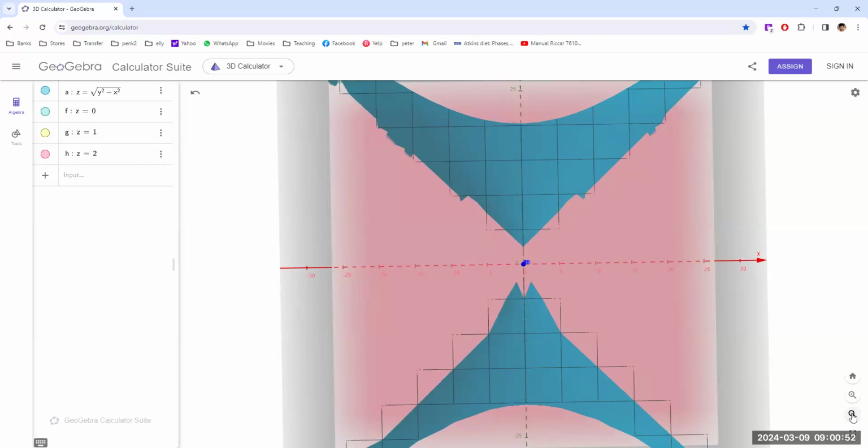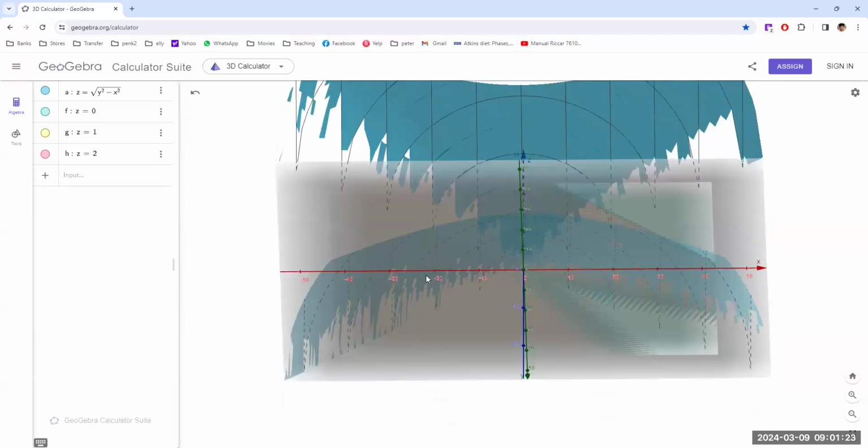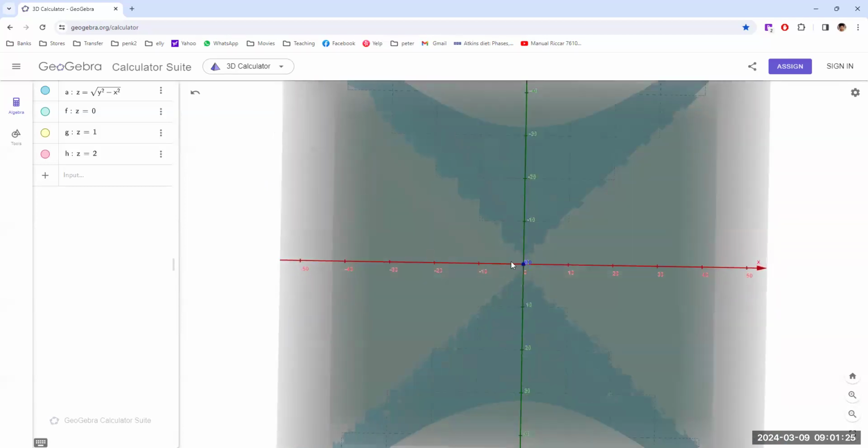If I see it from above, you will see that this part here is when the surface is above z equals 2, I think I should say below, huh? Let me get rid of this first. No, I don't see what I want to see. Is it better if I see it from below? Maybe from below, that's what it looks like. Still ugly, huh?